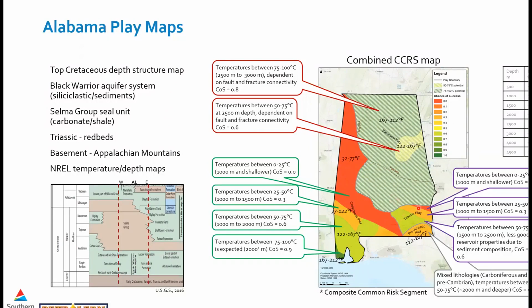And we entered into an area where we had the Triassic red beds and a small part down here where you don't really have a lot of deep wells, so it's just called the pre-Jurassic play, but it's a mix of lithologies of both Triassic and Carboniferous and Precambrian rocks.